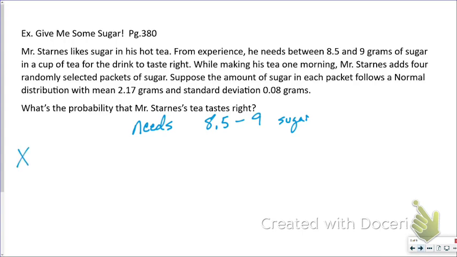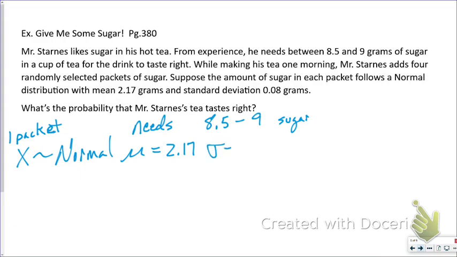So let's call that X, one packet. They describe it in that sentence up there as normal with a mean of 2.17 and a standard deviation of 0.08. So obviously, on average, he'll have too little sugar if he puts one packet in.